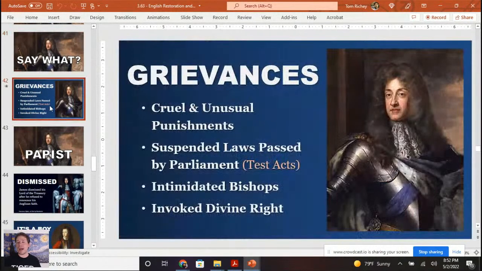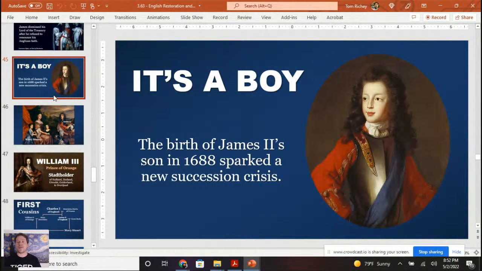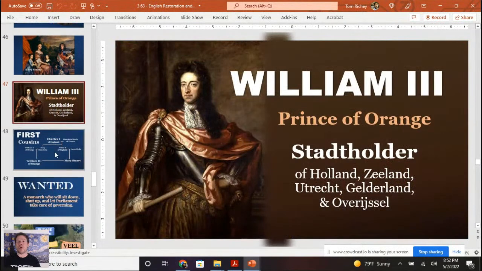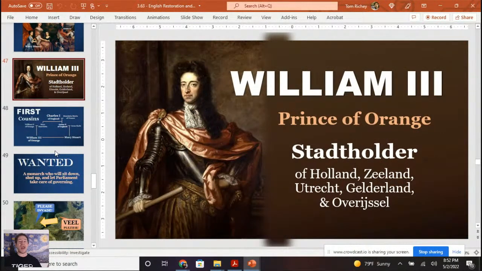And so there are grievances here: James II has used cruel and unusual punishments. He's suspended laws passed by Parliament. He's intimidated bishops. He's invoked divine right. And then he has a son. And when the English are confronted with the idea of a Catholic dynasty, they're like, no. And so they reach out to William III, the Prince of Orange, who was the stadtholder of Holland, Zeeland, Utrecht, Gelderland, and Overijssel.